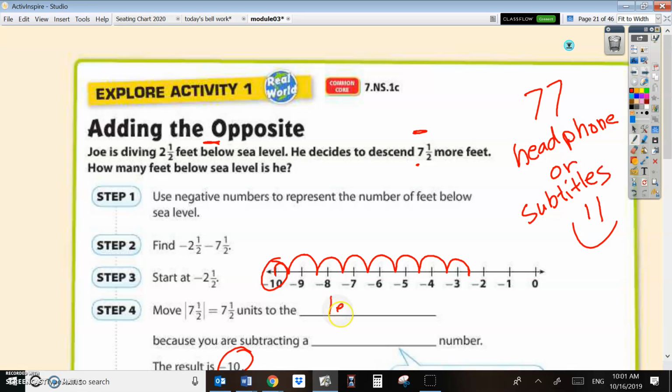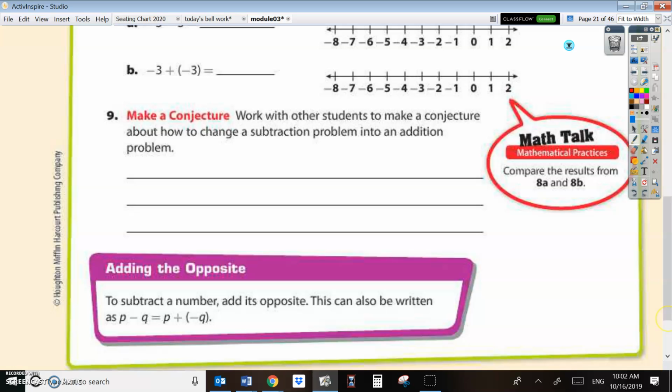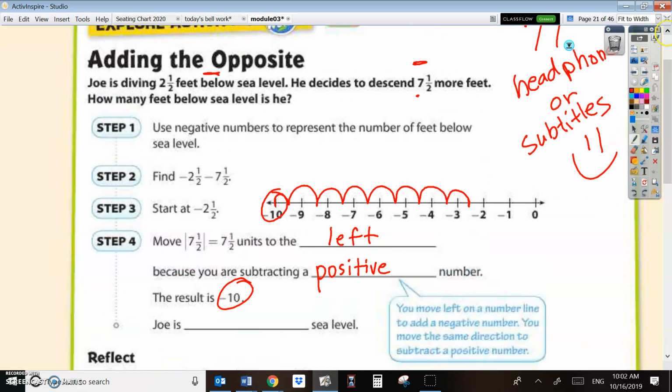So move to the left. You're subtracting because you're subtracting a positive number. Let me double check that. Yeah. Joe is below sea level.